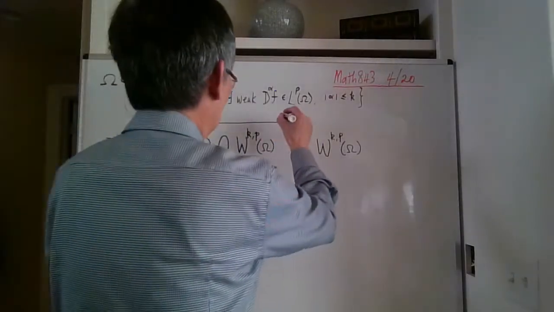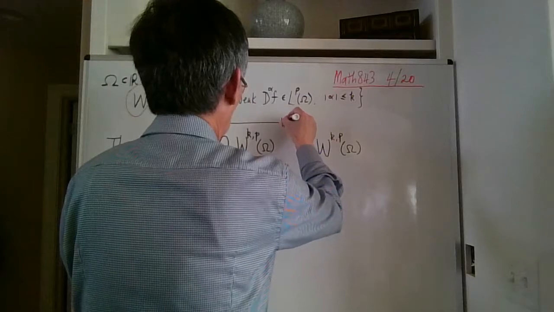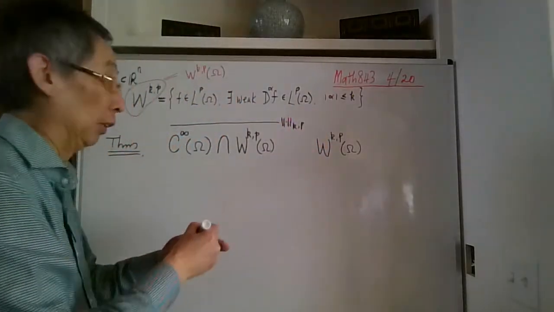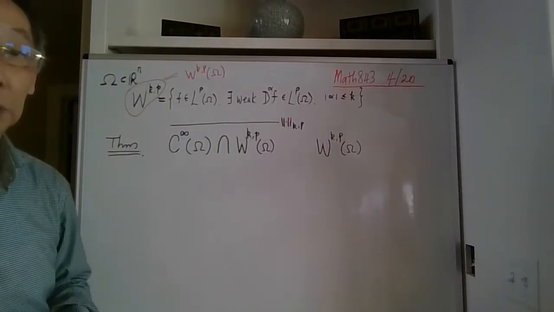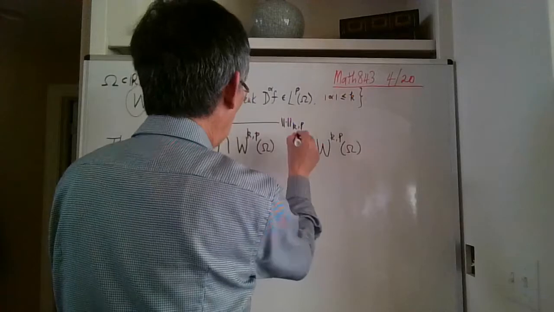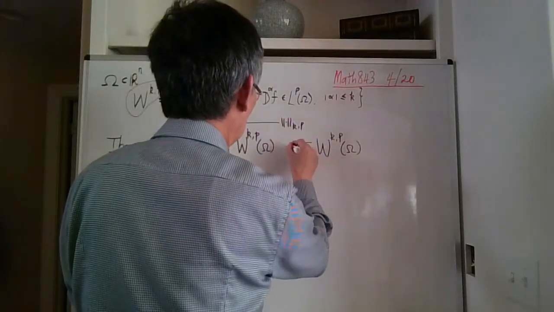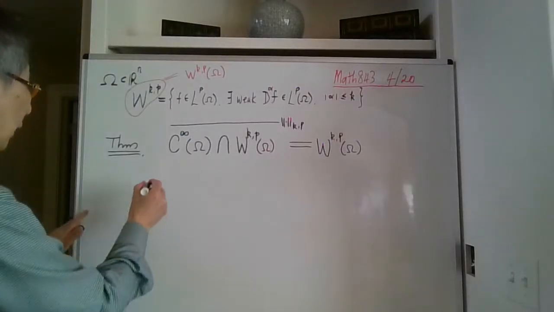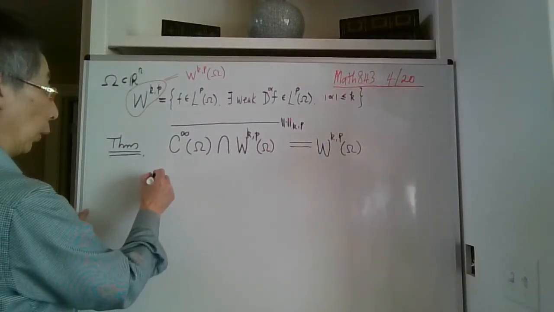Sometimes people write that explicitly, because if you use a different norm, you get a different closure. So this result says that if you take the closure, it is exactly equal to the W^{k,p} space.